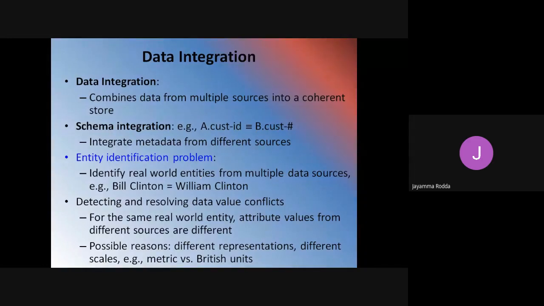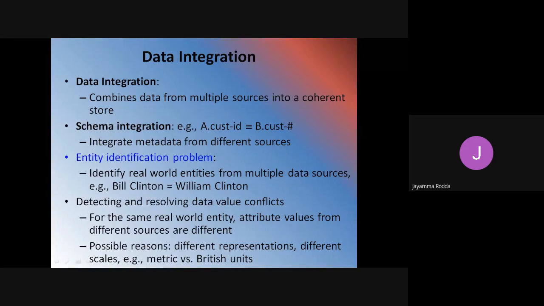The integration problem is mainly the entity identification problem, also denoted as schema integration. In one attribute, the customer ID is stored as customer ID, whereas in another it may be denoted with a hash symbol, denoting that it is a numerical value.